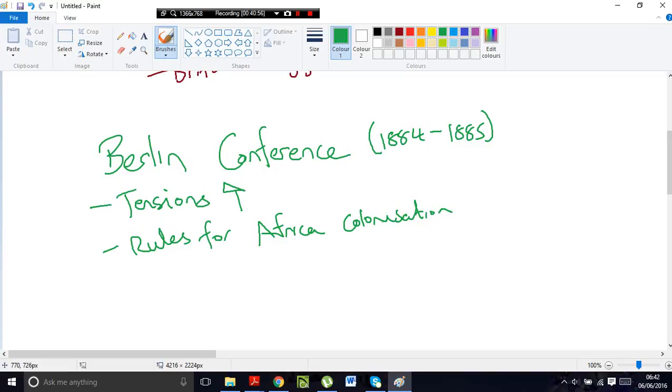So according to the rules, any European state could establish African colonies after notifying the others of its intentions and occupying previously unclaimed territory. So during the late 1890s, European imperialists sent armies to impose colonial rule on the African territories they claimed.